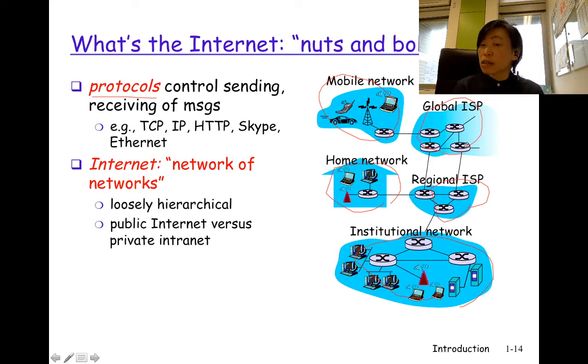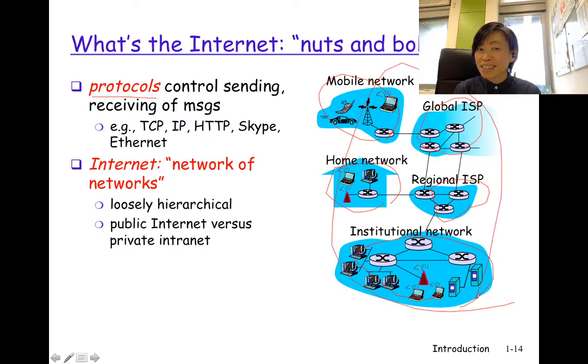Each of these is a network already, and the internet is actually a network of networks. Overall, the internet is loosely hierarchical. You will see more. It's not very strict, like a certain network being higher in the hierarchy than the others. It's quite chaotic, I have to tell you.